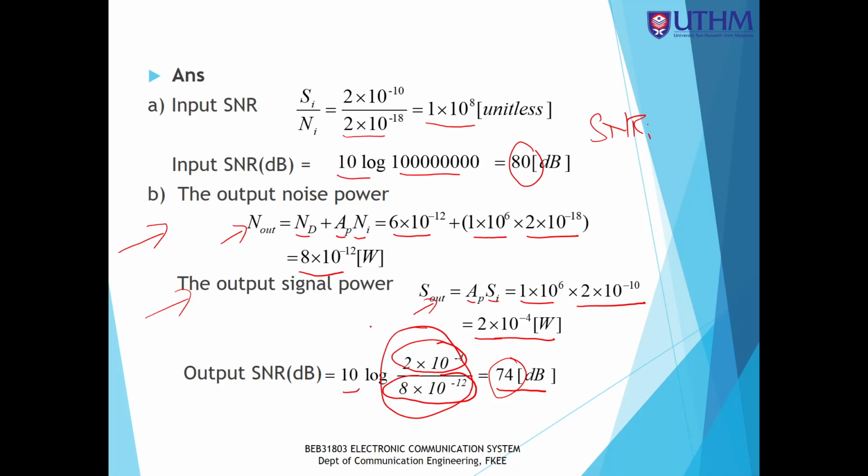If you do the logarithmic, try to do the logarithmic first. So 2 times 10 power of minus 4 divided by 8 times 10 power of minus 12. You akan dapat 25 million. So this one is okay. If I do the SNRO as a unitless parameter, this one is going to be 25 million.